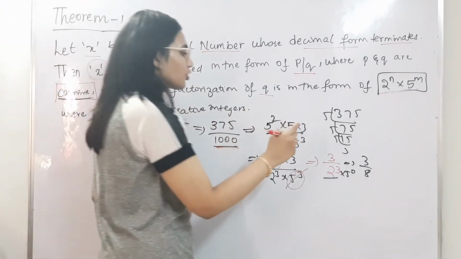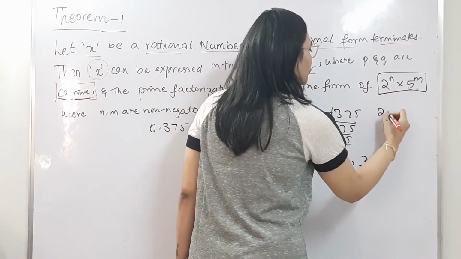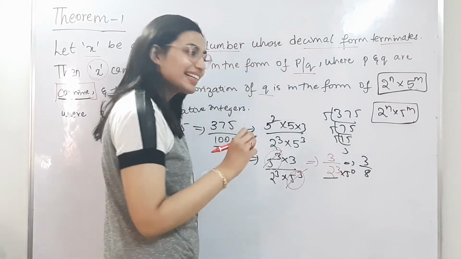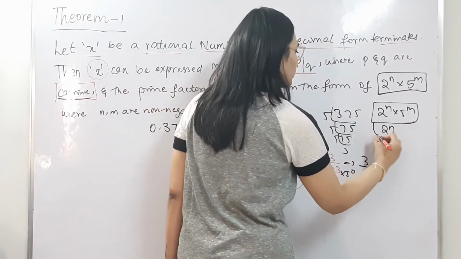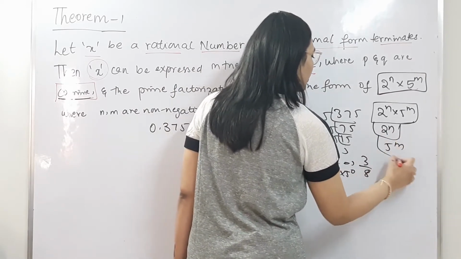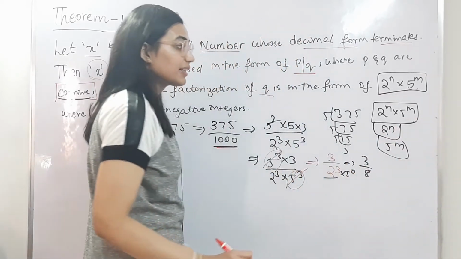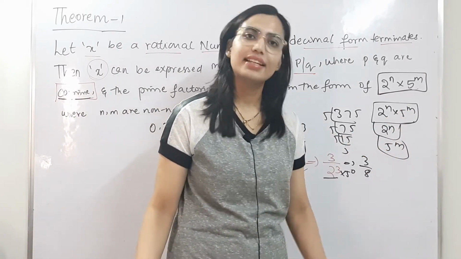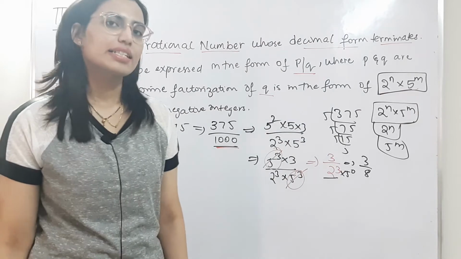Remember, it should not strictly be in the form of 2 power of n into 5 power of m every time. It can be in the form of 2 power of n only. The denominator can also be in the form of 5 power of m, or both. But if there is any prime factor apart from these three possibilities, then it will not be a terminating decimal.